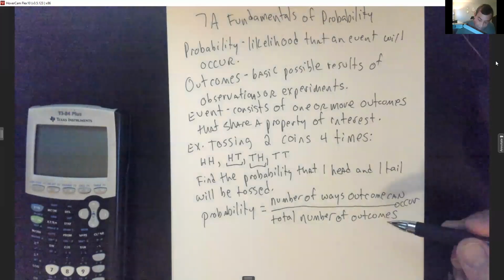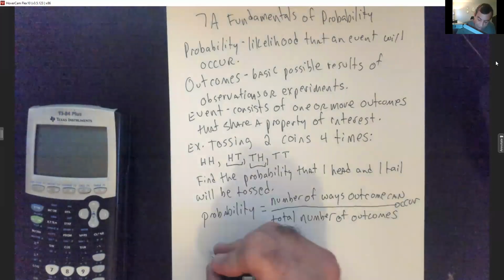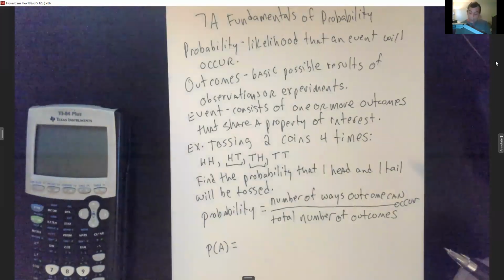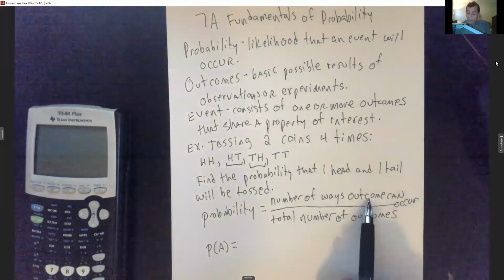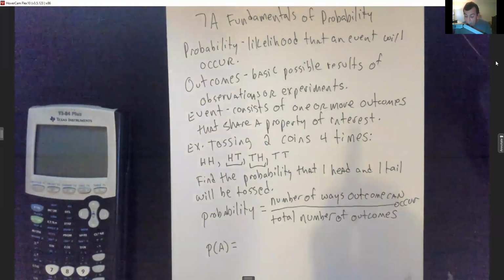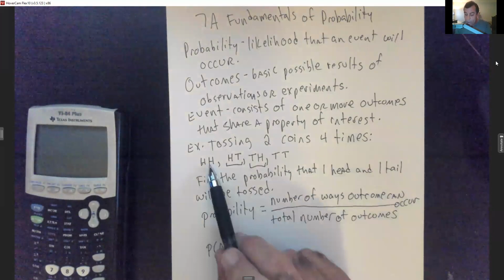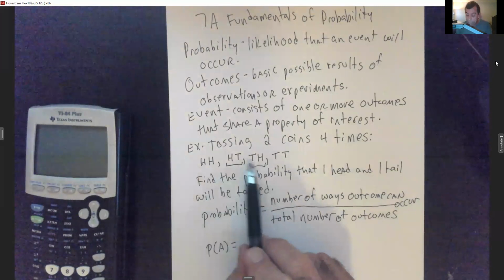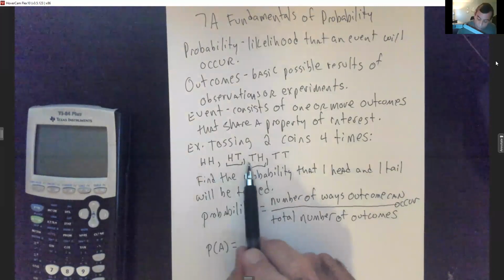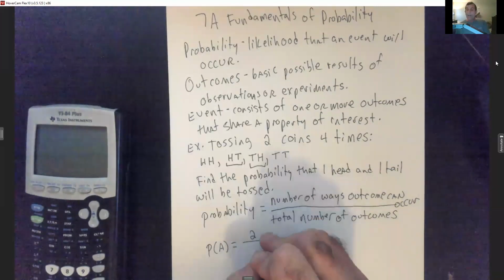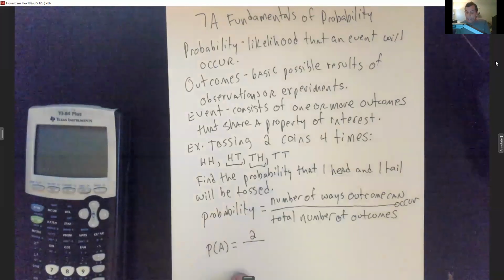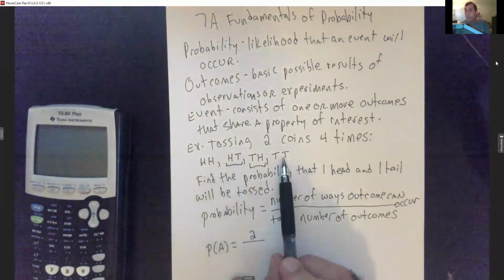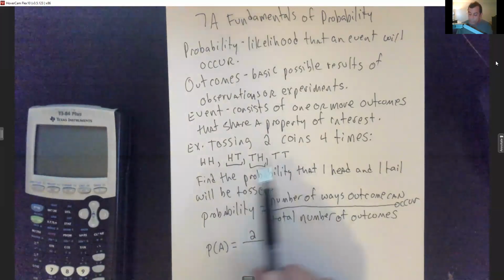So here we go. The probability of my event A, which we'll just call event A, is going to be the number of ways my outcome can occur. Out of the 4 outcomes, 2 of them had the criteria I was looking for. So I had 2 ways my outcome could occur. And then I had HH, HT, TH, TT, which meant I had 4 possible outcomes.